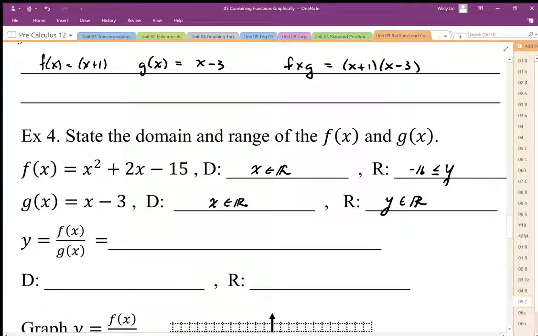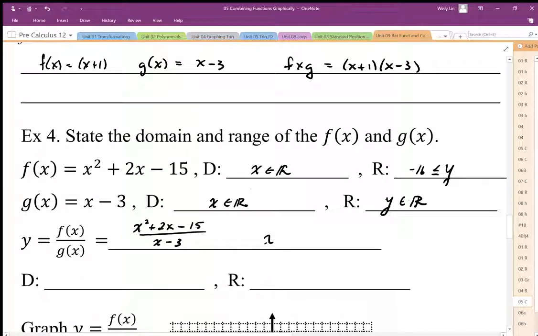Now when we combine these, we end up with a rational function that we have already dealt with, so we kind of know how to draw these graphs. This is really a rational function where we have a quadratic on top and a linear function on the bottom. Now we have to observe there's a new domain restriction here.